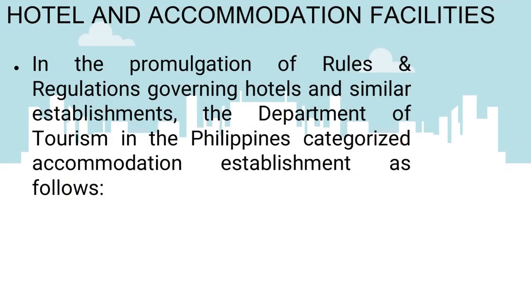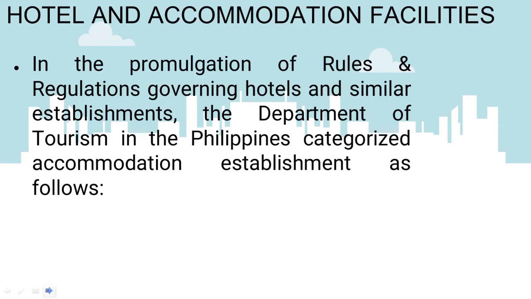So in the promulgation of rules and regulations governing hotels and similar establishments, the Department of Tourism in the Philippines categorized accommodation establishments as follows. So, syempre meron tayong mga sineset na rules and regulations kung ano-ano ba yung mga accommodation na kino-consider natin dito sa Pilipinas.